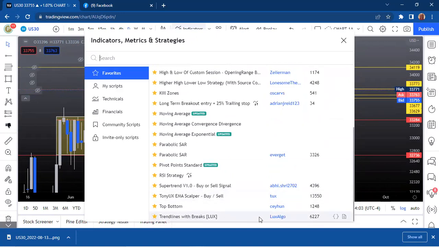Put that in your notes. By LUXALGO. That's an indicator over 6,227 people are using. So that should tell you something. A lot of people are using it.